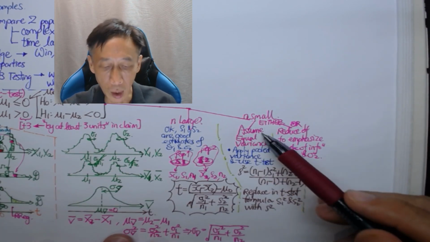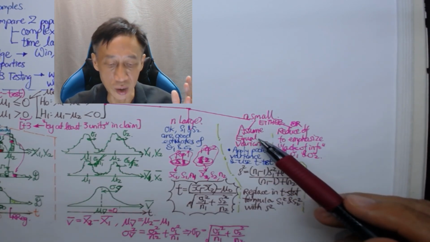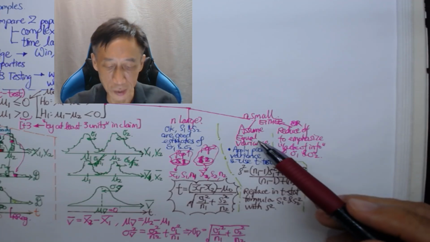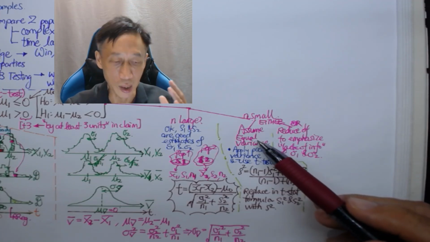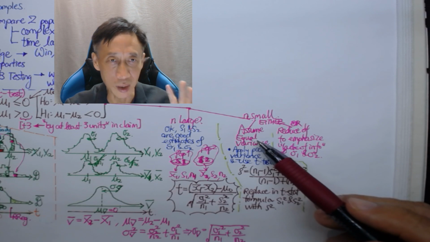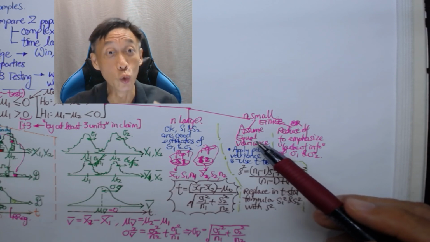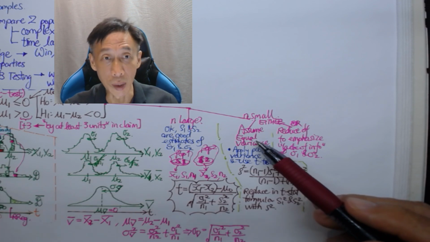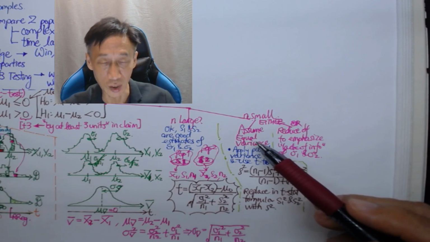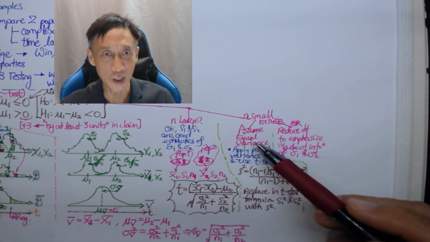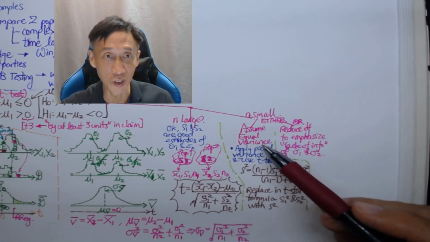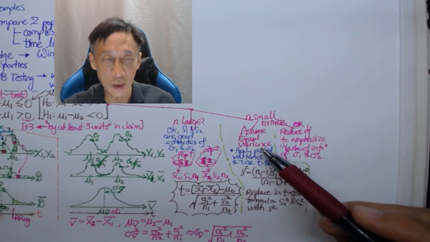Example, the same teacher teaches class A and class B, right? The teacher wonders, class A and class B, is there any difference in their performance? That's the question. So two population mean stats, right? Maybe both classes fail their test, but is there a difference? Is there a material difference, significant difference between the two classes?